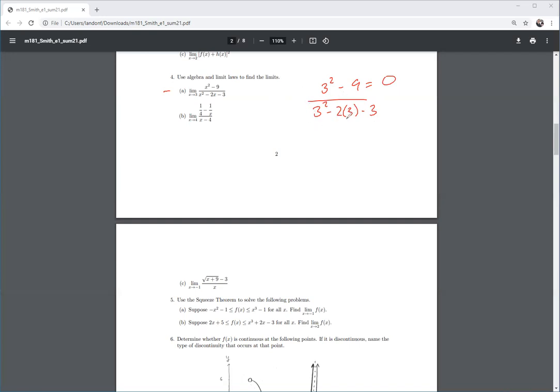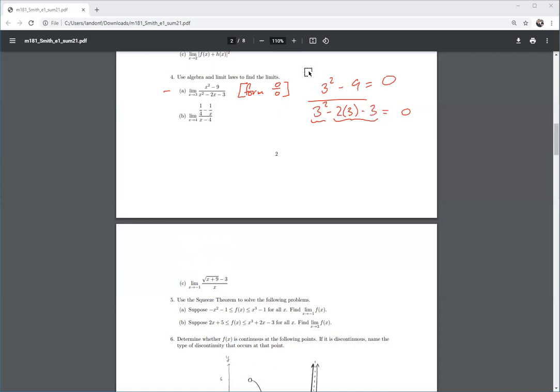And in the denominator, this ends up being 6, this ends up being 3, and this right here is 9, so that's also 0. The way I like to bookkeep is to say the form is 0 over 0, which is an indeterminate form. So there's an issue. But since it is an indeterminate form, we may be able to use a special trick to figure out what the limit is.